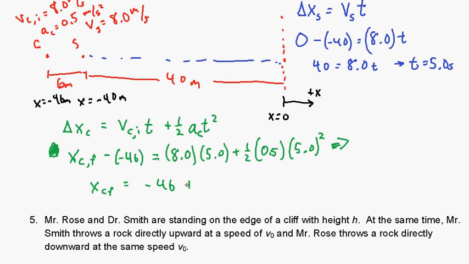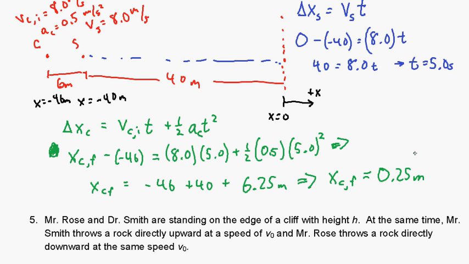This 8 times 5 is going to be 40, and then plus the 1/2 times the 0.5 is 0.25 times 5 squared, so it's going to be 6.25 meters. And so Campbell's final position, x, c comma f, Campbell comma final, is going to be negative 46 plus 40, so negative 6, plus 6.25, so 0.25 meters.